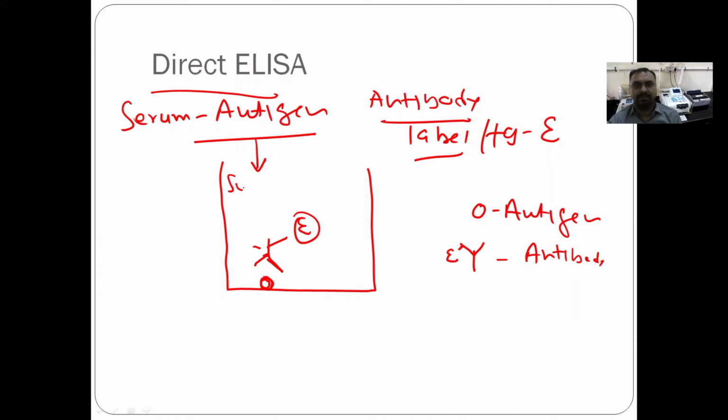Then we add the substrate, like TMB. That substrate is converted to product with the help of the enzyme, and it gives color, which we measure spectrophotometrically.